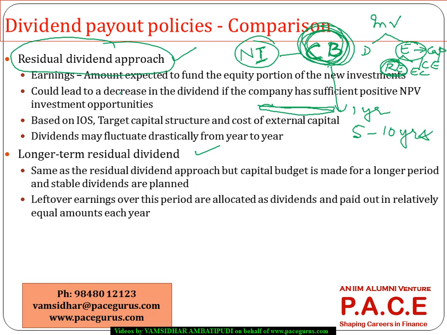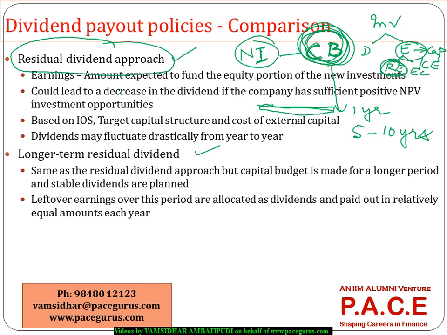You try to face the opportunities more or less equally across the period, because of which the fluctuations in the dividend that you pay out may typically come down, and to a large extent stability in the dividends can come out of this approach. So this is one more dimension that companies can look at.